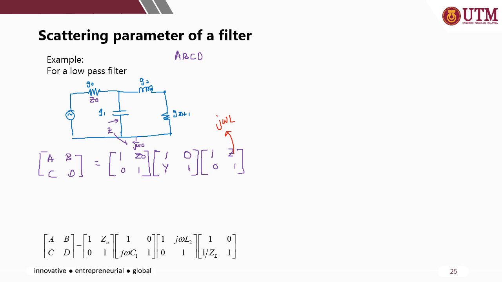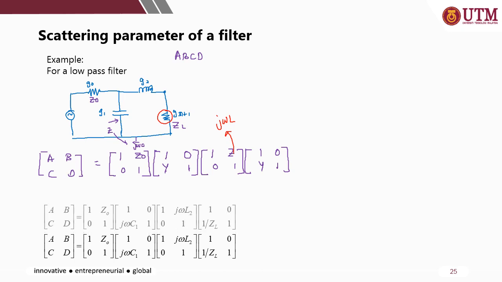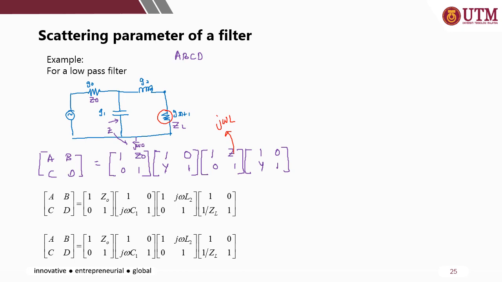And then lastly, you have another component in parallel. So it's 1, 0, Y, 1 again. In this case, it is ZL, so Y is 1 over ZL. Okay, so this is for this configuration.